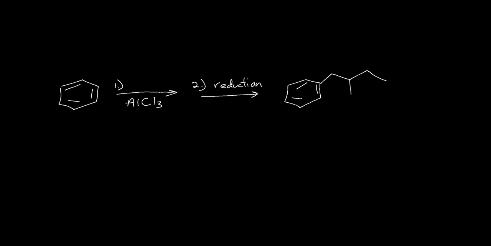I really only wanted to show one more example because I think you already got the type of thinking involved. This is along the lines of, hey, we want to make this starting from benzene, only you've got some clues here. You can envision that this bond has to be created at some point. Clearly, there's a reduction step, which suggests Friedel-Crafts acylation, because you have a carbonyl group that then gets reduced in the second step.